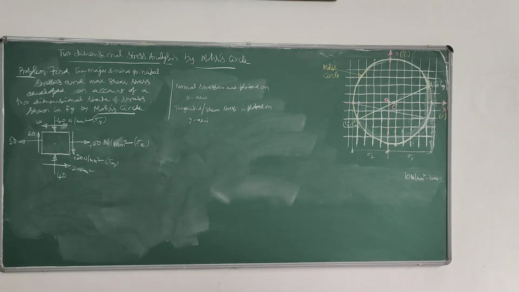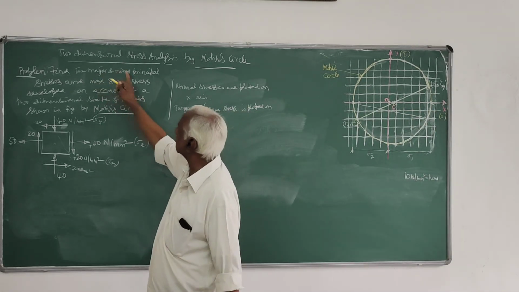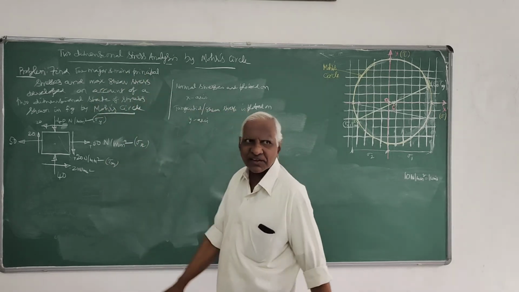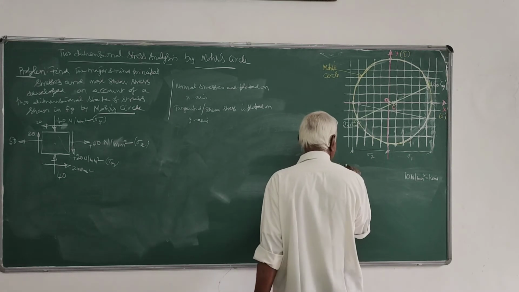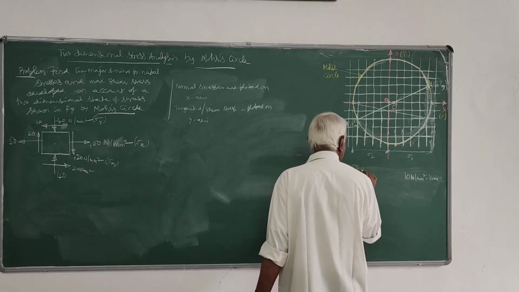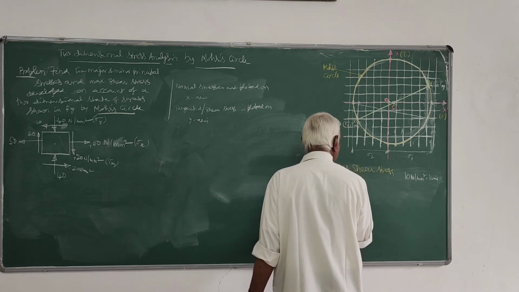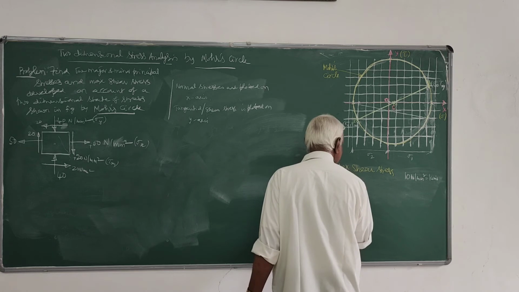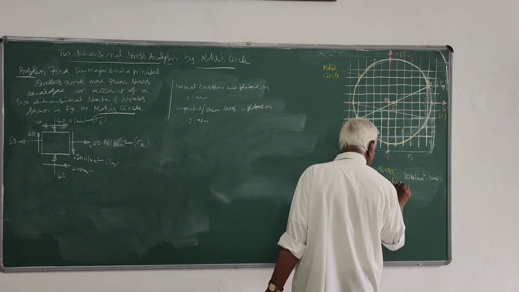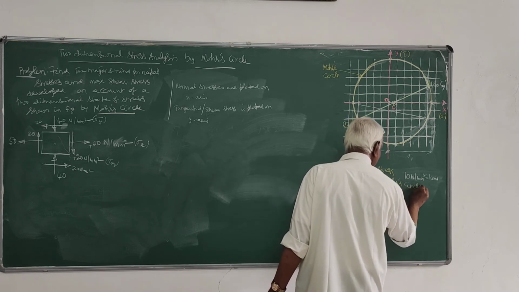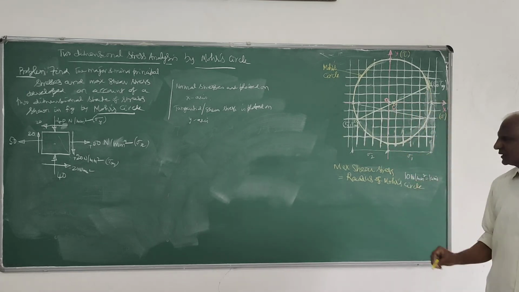Using this Mohr circle, you can straight away find the major and minor principal stress as well as the maximum shear stress. The maximum shear stress is nothing but the radius of the Mohr circle, that is, your CA or CB.